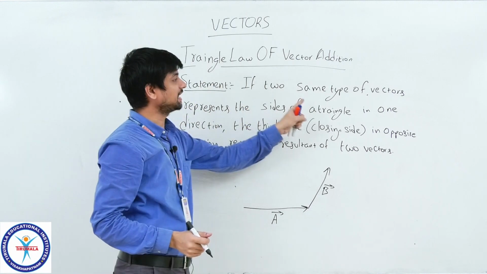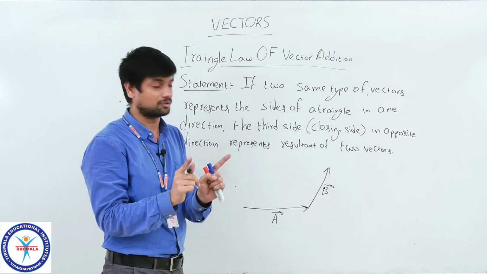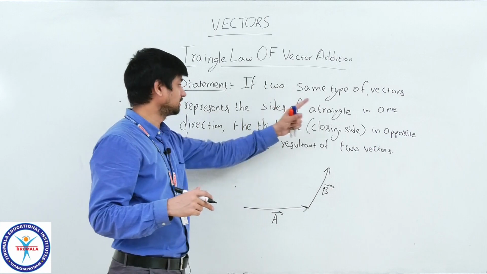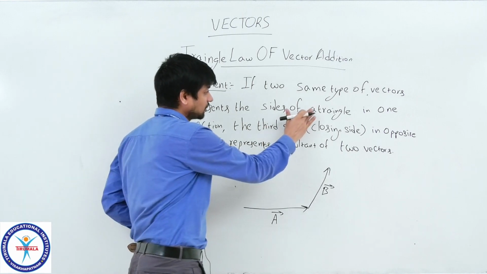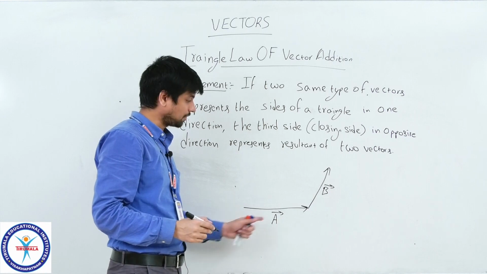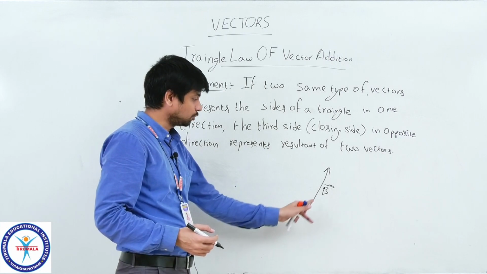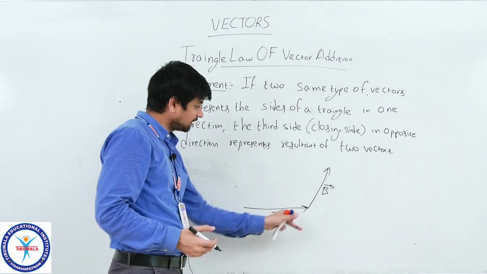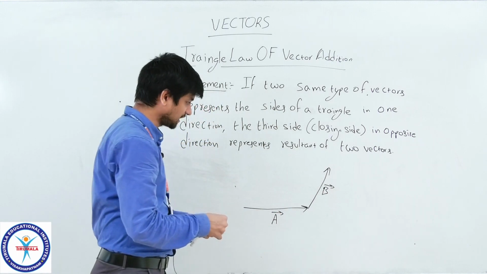Look at this: if two vectors of the same type, same nature, with no other physical quantities involved, either forces, velocities, momentums or displacements, represent the sides of a triangle, that means if you identify their shapes in the form of arrows and drag them to keep head to tail, what will happen, children? It is trying to form a closed area if you take the straight line in this way.